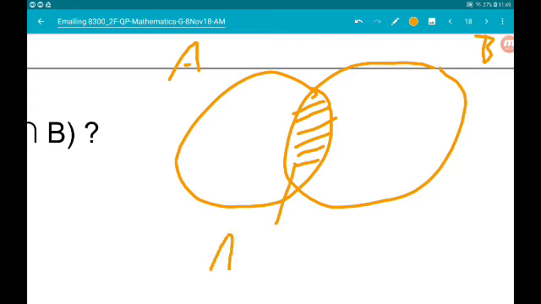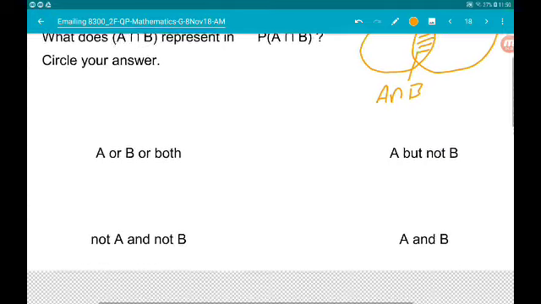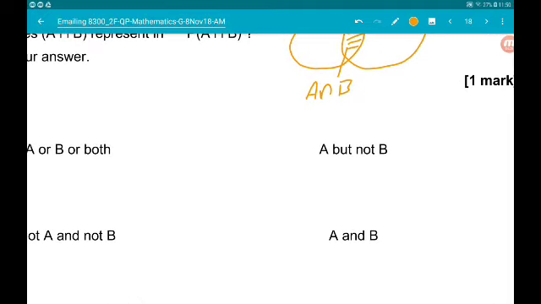So this is A intersection B. In English, it means A and B. So there it is. Cool.